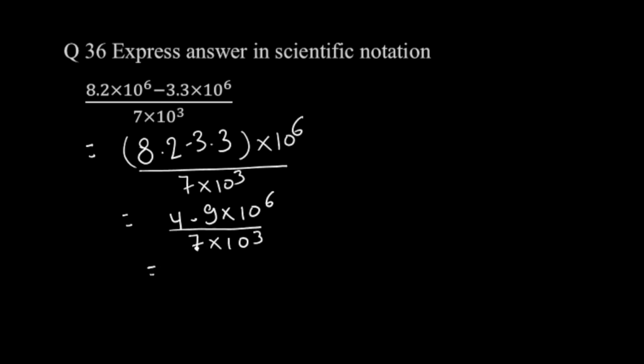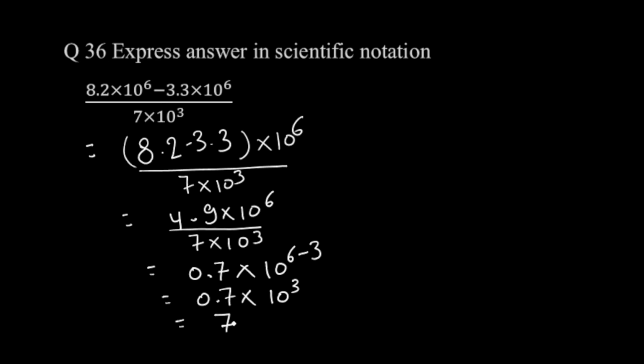4.9 divided by 7 is 0.7 multiply 10 to the power 6 minus 3. 0.7 multiply 10 to the power 3. But the leading digit is less than 1, so we have to move 1 unit right.